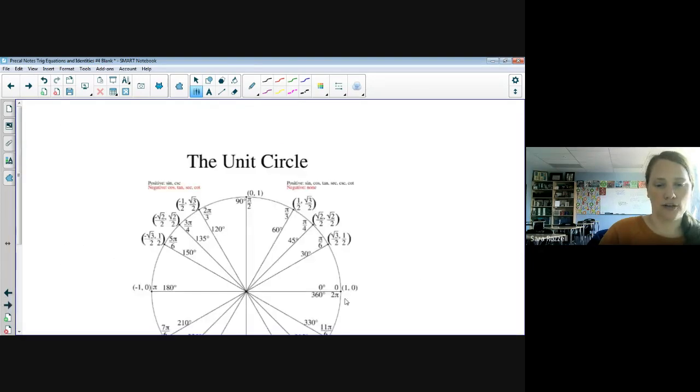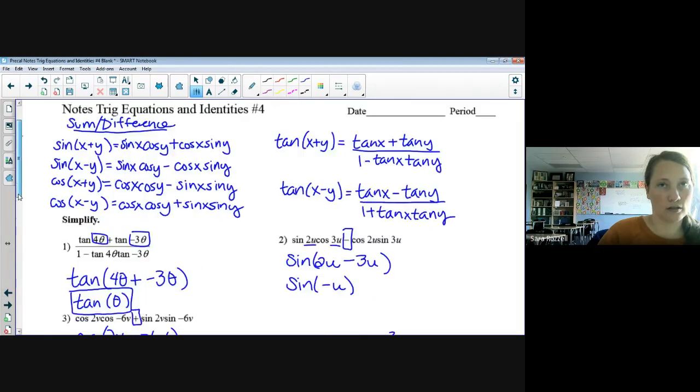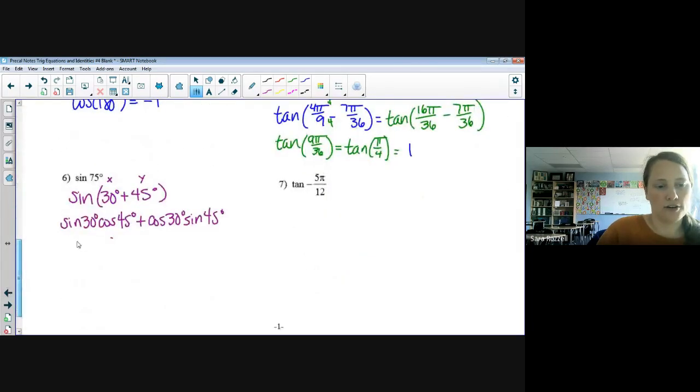What is sine of 30? Sine of 30 is a half, right? Okay. So sine of 30 is 1/2. Cosine of 45 is root 2 over 2. We know that one. Cosine of 30 is root 3 over 2.